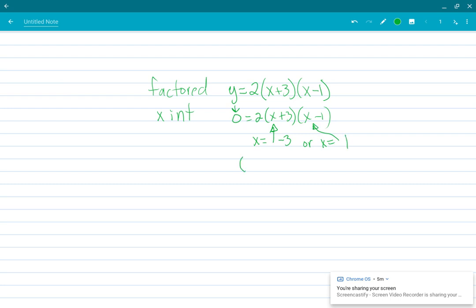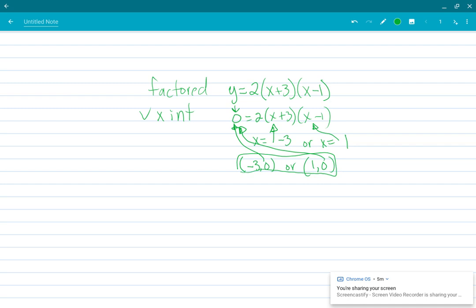So my intercepts are -3, comma 0, see, that's the y, or 1, comma 0. So then you're going to say, oh, I get my x-intercepts. Easy. Okay.